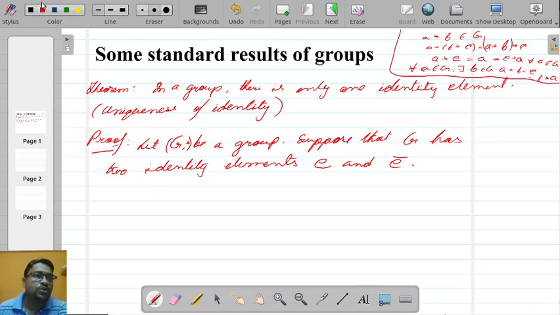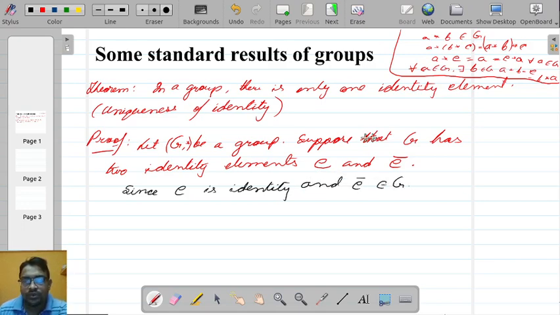Let us try to prove, using these properties of a group, that E and E bar are actually equal. Since E is identity and E bar is an element inside G, we have supposed that G has two identity elements, so E and E bar are all elements of G. By the property of identity, an identity element composed with any other element gives the element itself.